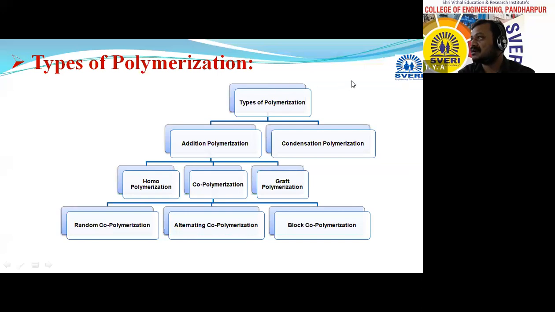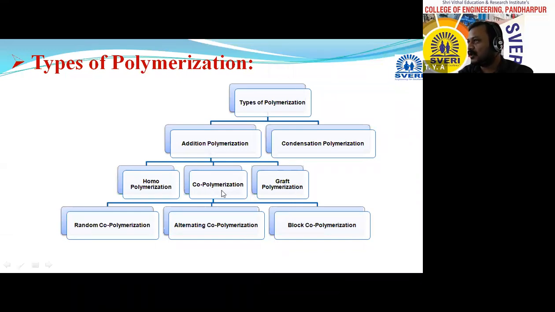So this is the chart, the brief classification of the polymerization processes for plastic materials. These polymerization processes are classified into two types: addition polymerization and condensation polymerization. The addition polymerization is again classified into three types: homopolymerization, copolymerization, and graft polymerization.